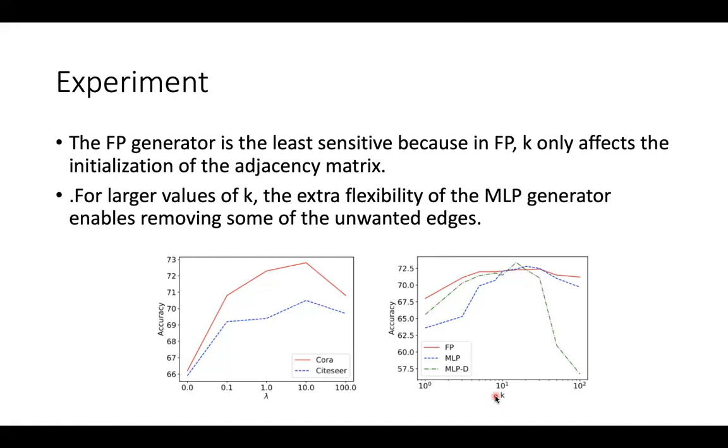But if we push this K to be very, very large, basically selecting all pairs of nodes to be taken into consideration, then this MP-based generator, because it will not utilize KNN to do any selection, its flexibility will allow it to somehow surpass the performance of the MLP-based and MLP-D-based ones, because these two will select edges based on KNN, and this KNN will assume a very, very dense graph when this K gets larger.